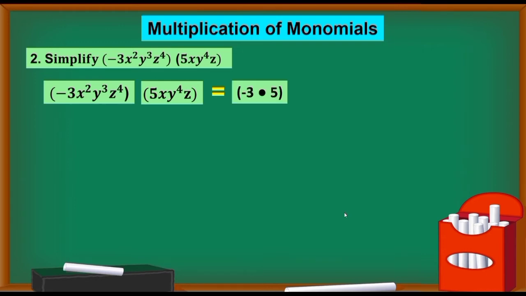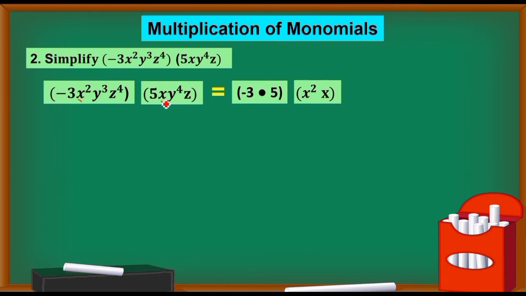So, negative 3 times 5. And then, pagsasamahin natin yung variable na x. Mas mainam or mas maganda kung naka-alphabetically arrange yung ating variable para mas madali nyong makita kung ano-ano po ba yung variable na magkakaparehas.